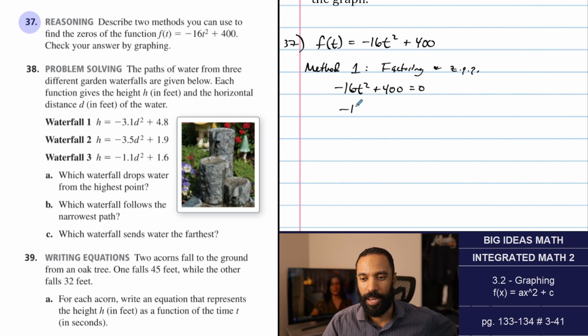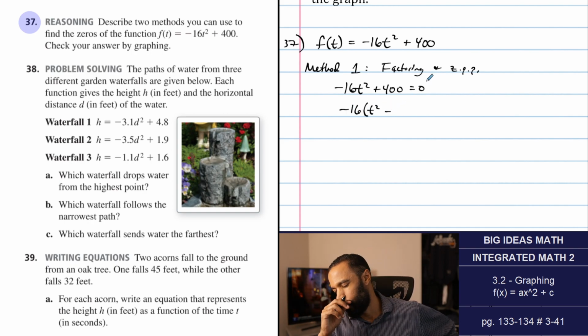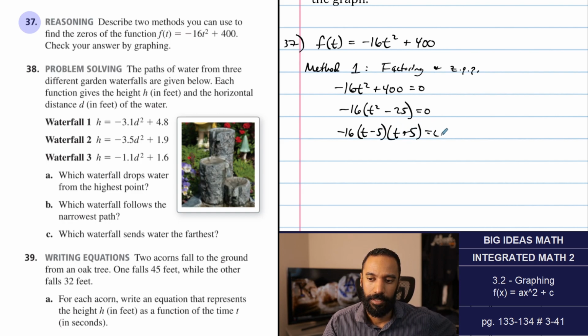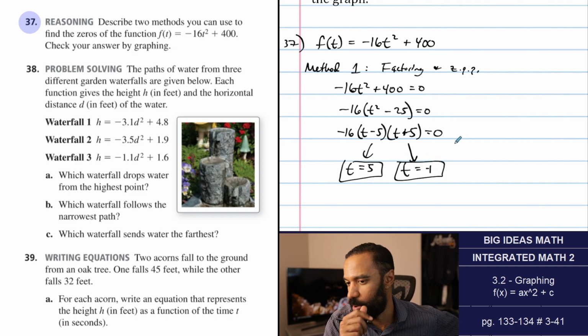I can factor out a negative 16 from there, and I get t squared minus 25. That factors into t minus 5 times t plus 5. That gives you a t value of 5 and a t value of negative 5. So that's method number 1, factoring and zero product property.